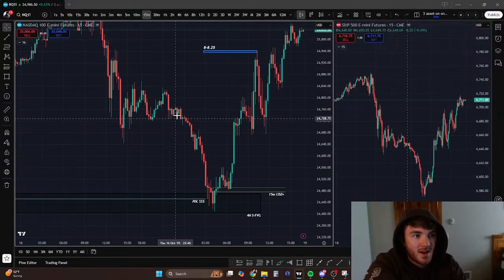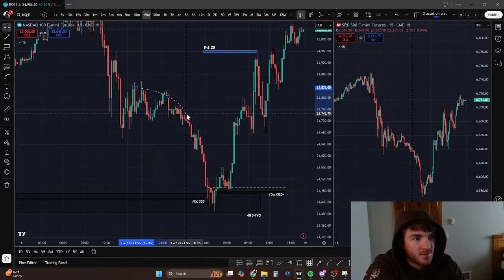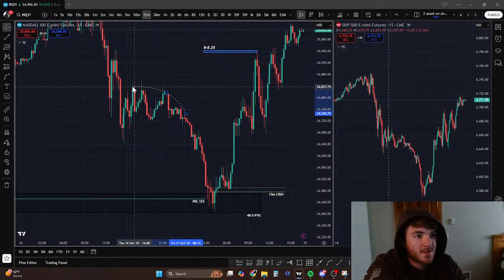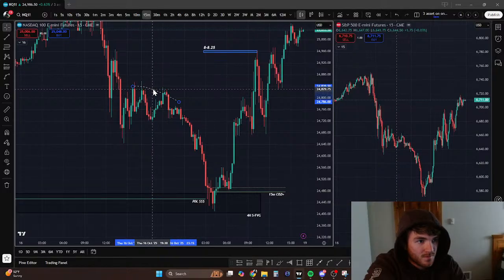But yeah, obviously these were low resistance highs, and yeah, the market just went up to them. Not saying this is a high probability trade. It obviously is going to be kind of risky, but it's kind of cool to see how the market did end up playing this out here.